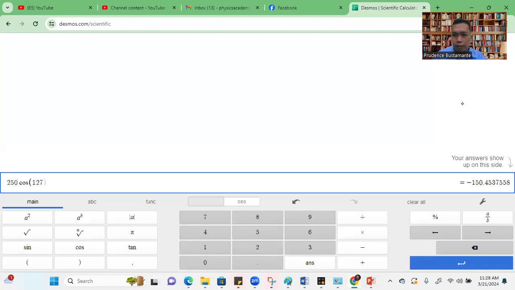So kung sine pod sine 127, so mga 40, so dapat kahit positive ang iyang sign.